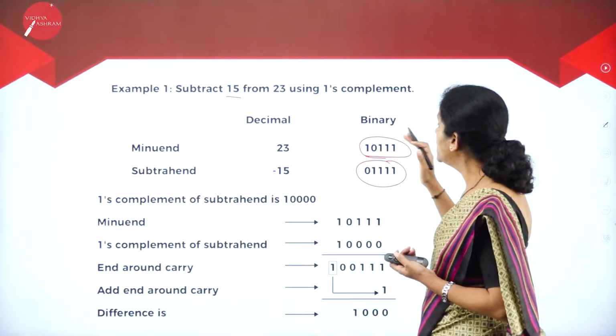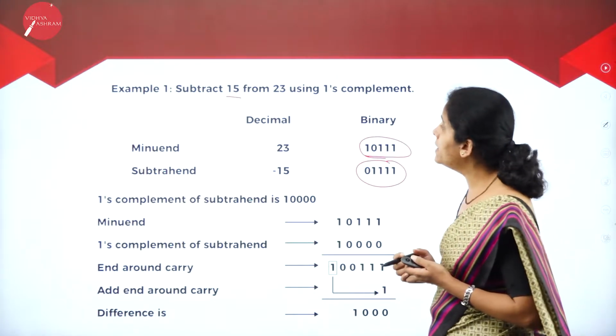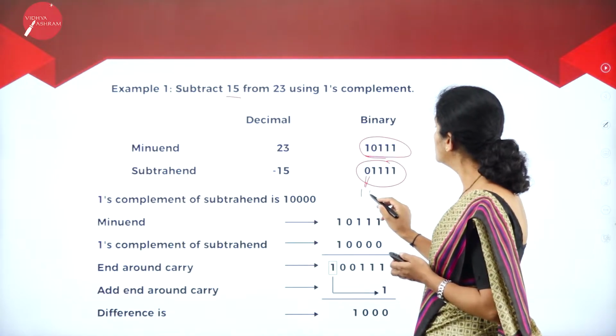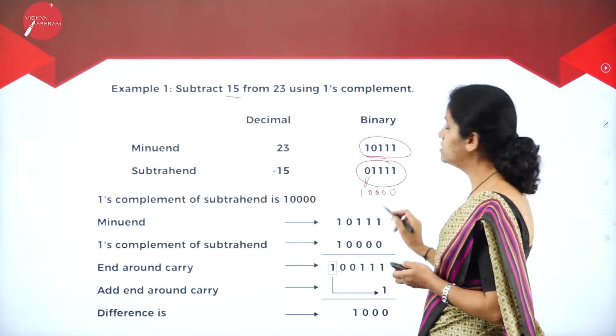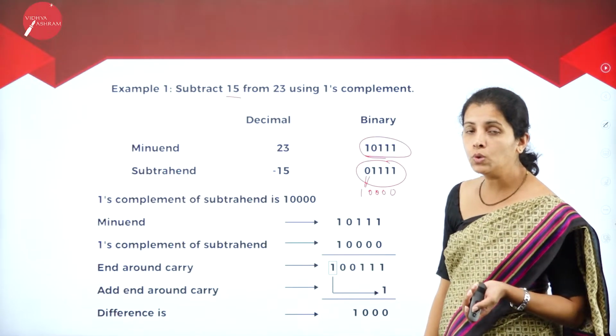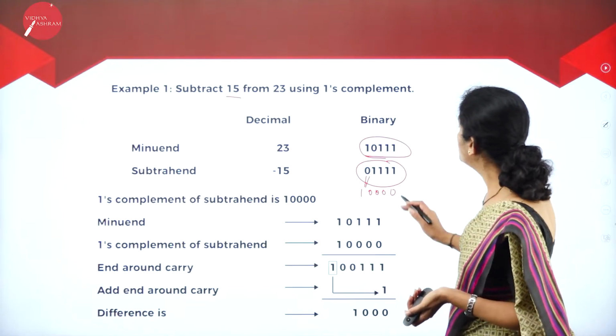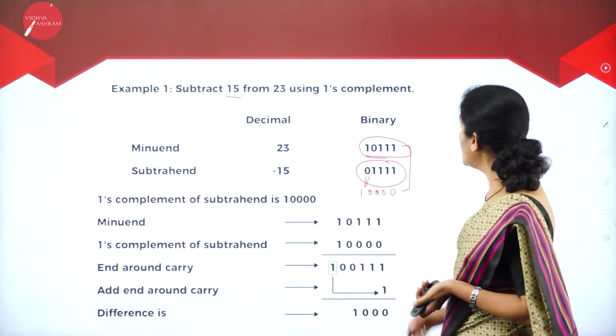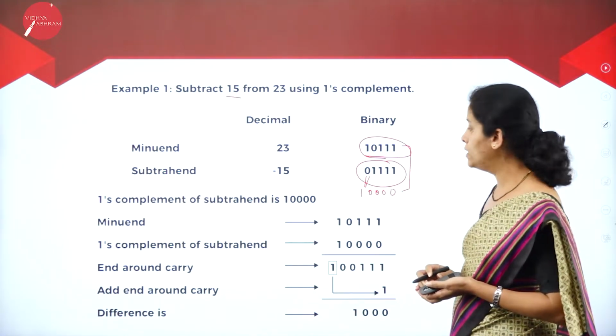Now I want to take the ones complement of the subtrahend. So it is 1, 0, 0, 0 and 0. Now according to the rule, I want to perform the addition operation. That means I want to add both the values.